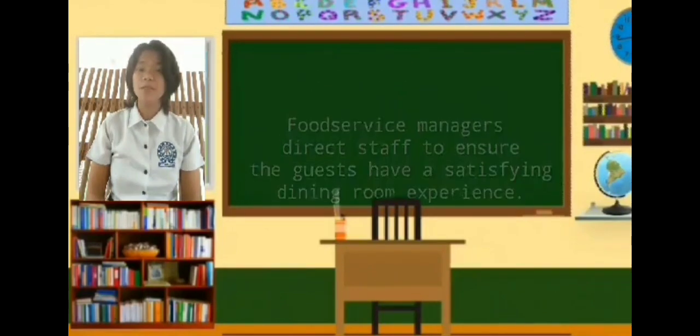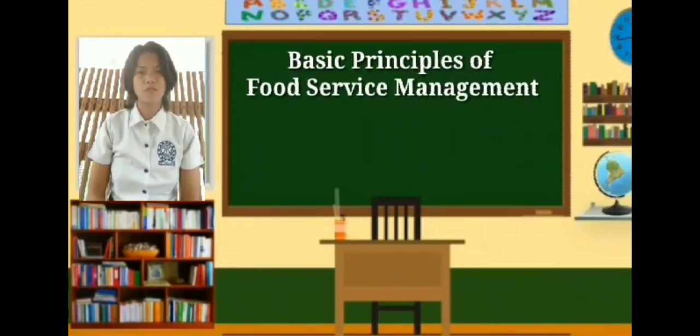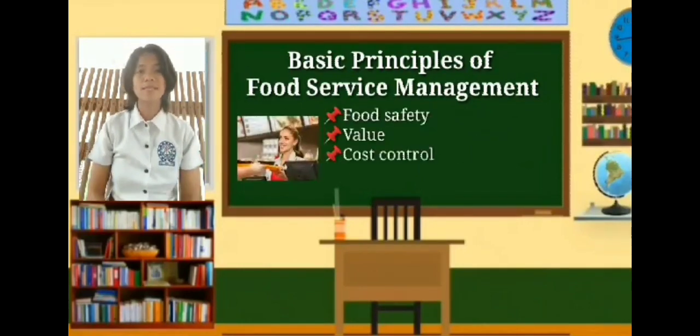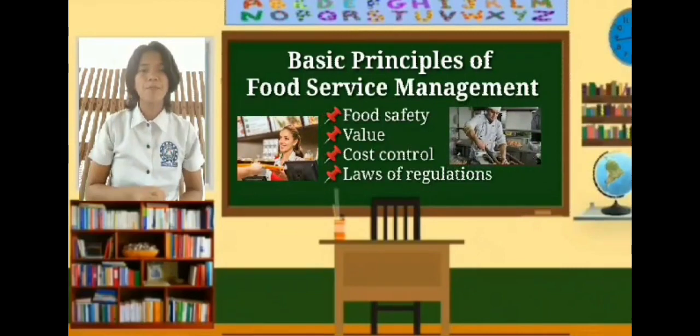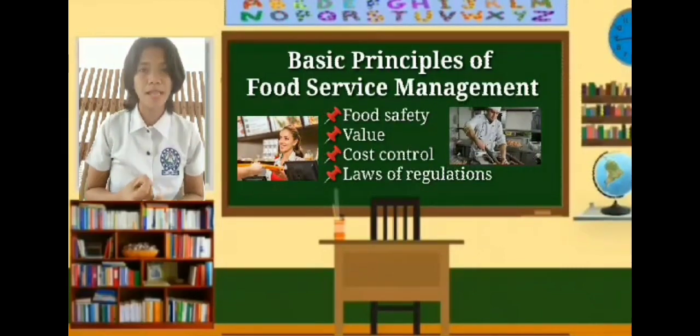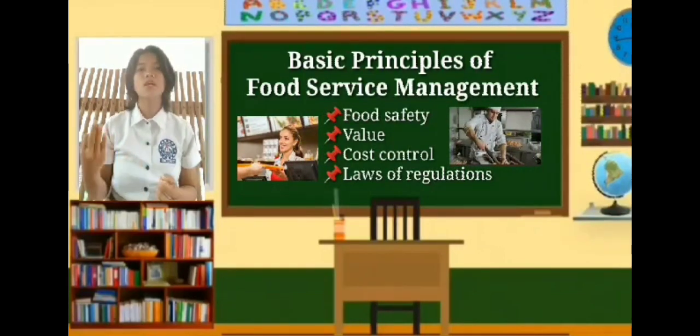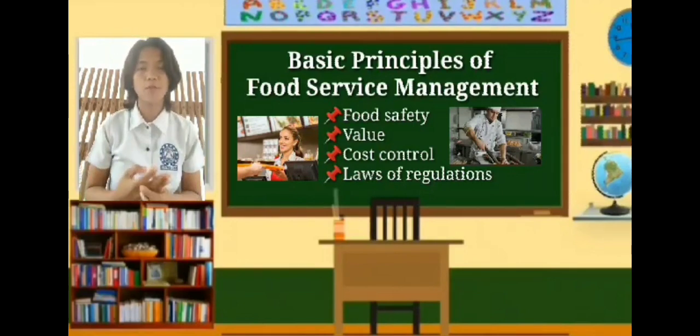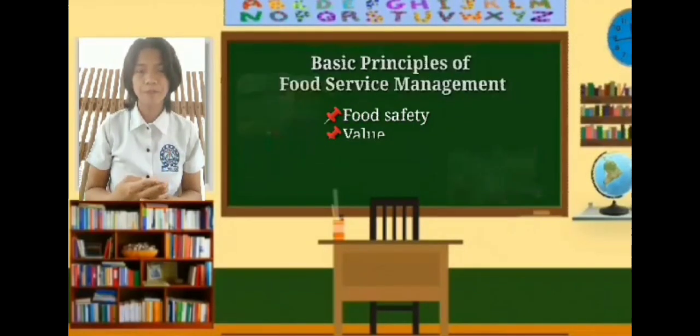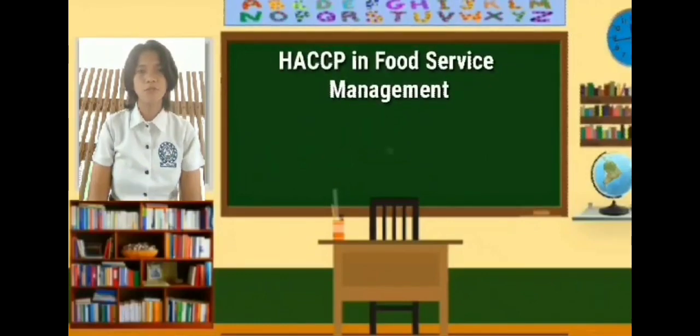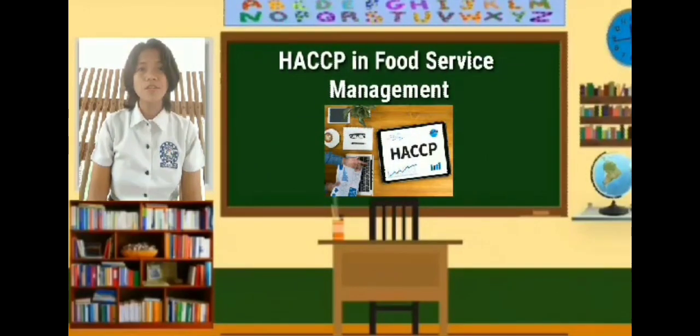So, there are basic principles of food service management. The first one is food safety, the second one is value, the third one is cost control, and the fourth one is laws and regulations. HACCP in food service management.